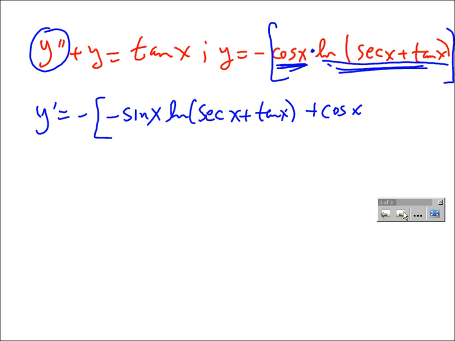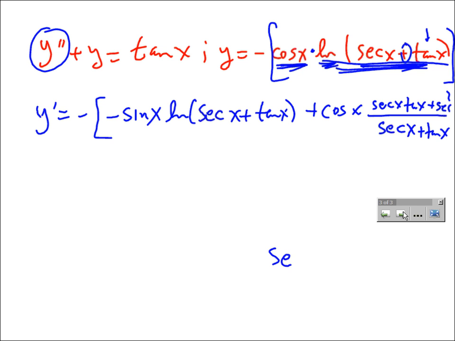Now you should really know the derivative of that function is secant x. But if you don't, the derivative of ln of anything, you put the anything in the bottom and its derivative on top. That's an addition, but take the derivatives one by one. The derivative of secant x is secant x tan x, plus the derivative of tangent is secant squared.